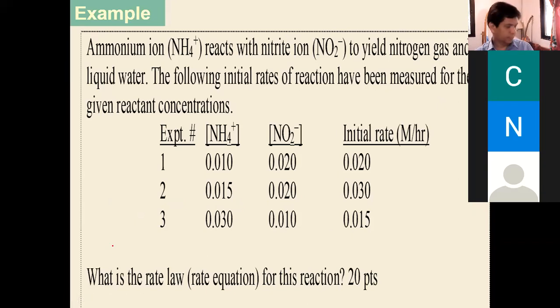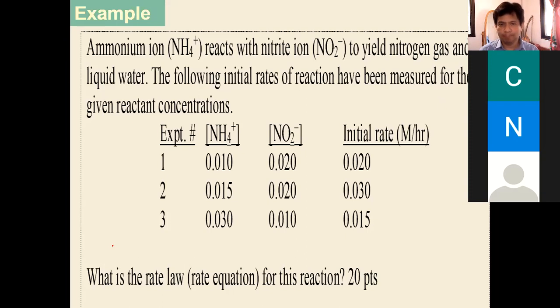Okay. Let's have a more challenging problem. Ammonium ion, NH4+, reacts with nitrite ion. Nitrite is NO2 minus. You should memorize that nitrite is NO2 minus and nitrate is NO3 minus. Did you memorize that? That's Gen Chem; it comes out on the board. You should master the basics.